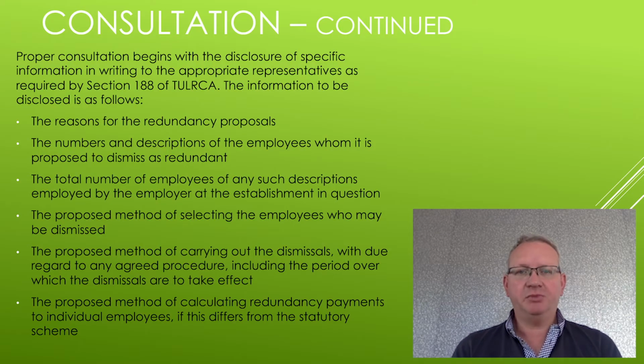Proper consultation begins with the disclosure of specific information in writing to the appropriate representatives or to employees, and this is required by Section 188 of the Trade Union Labour Relations Act.